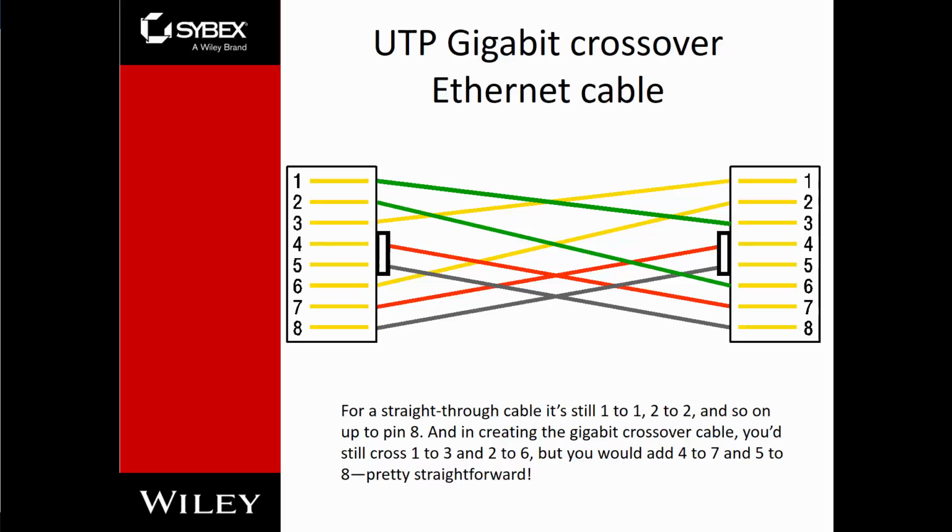So what about UTP Gigabit over crossover? This is kind of weird because it maps 1 and 2 to 3 and 6, but it also maps 4 and 5 to 7 and 8. I have not found a straight standard yet, so you have to be careful with this one.